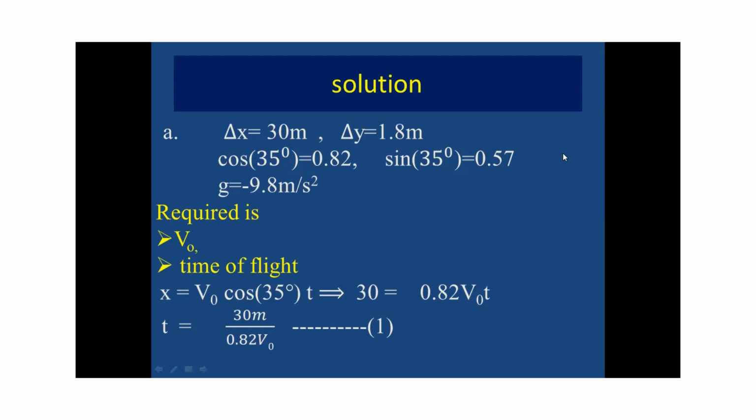You know that the horizontal distance, or the range, equals the horizontal velocity times t. The horizontal distance, or the range, is given.